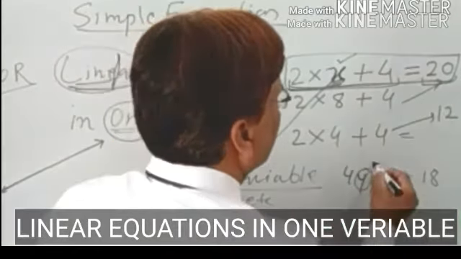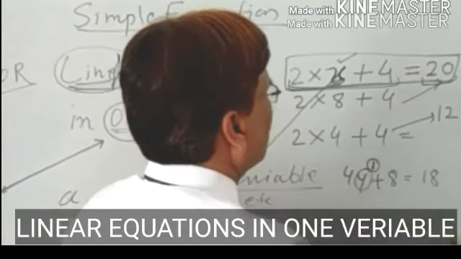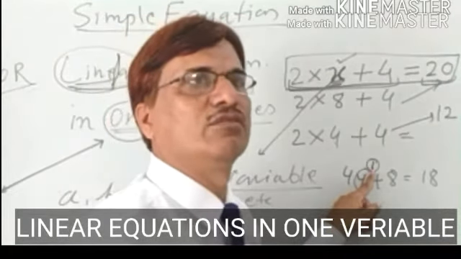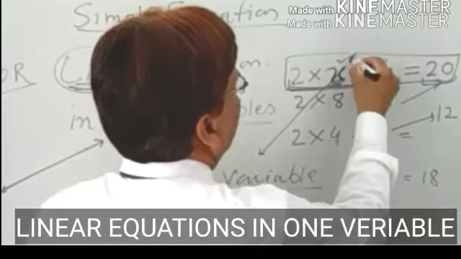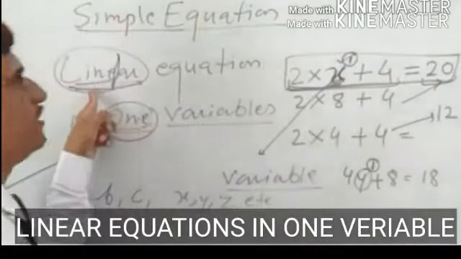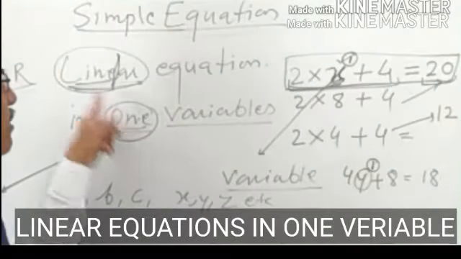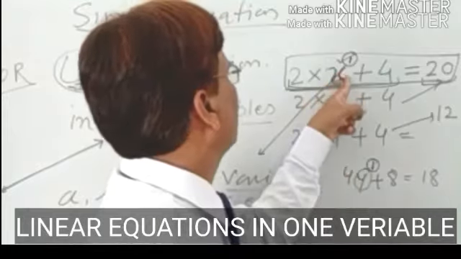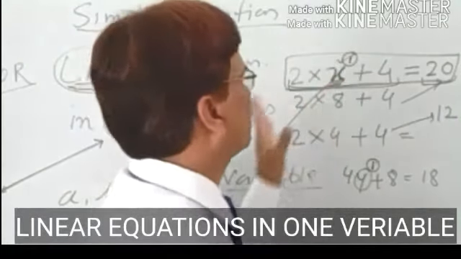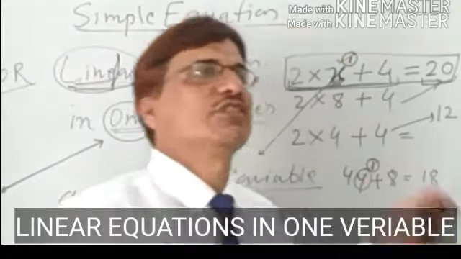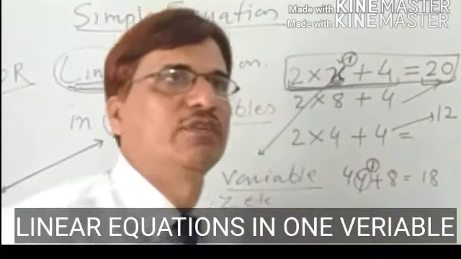Linear means the degree of the variable is 1. Highest degree of the variable is 1. So it is called a one variable linear equation or linear equation in one variable.